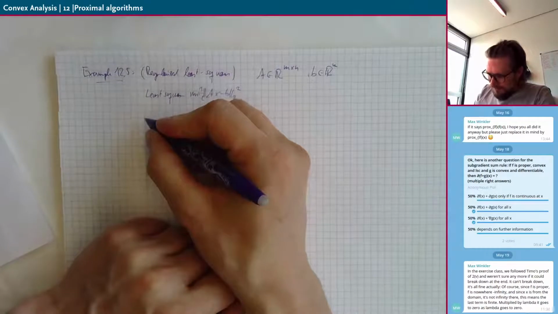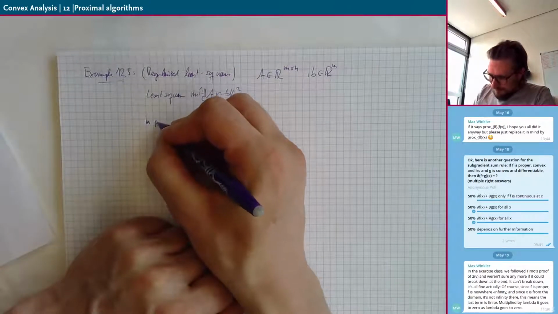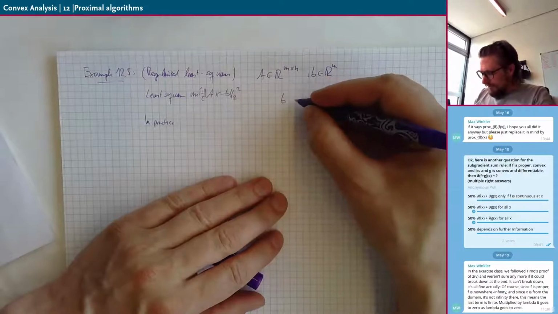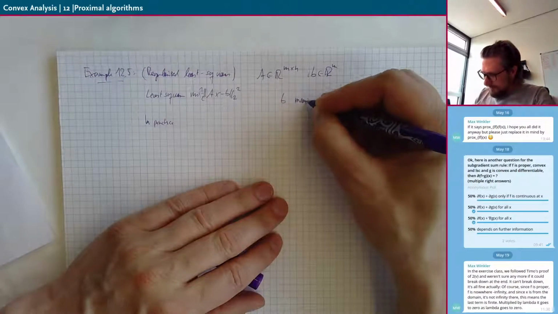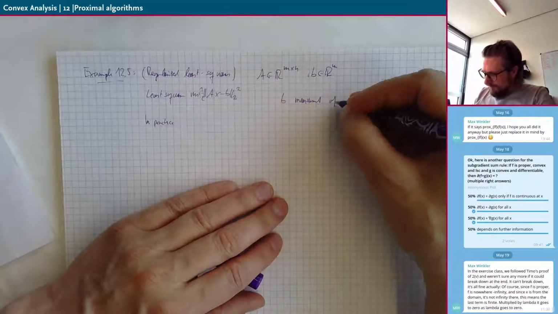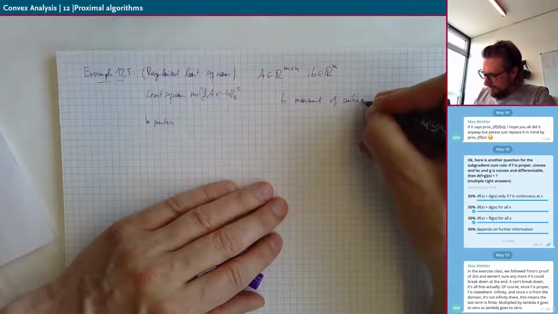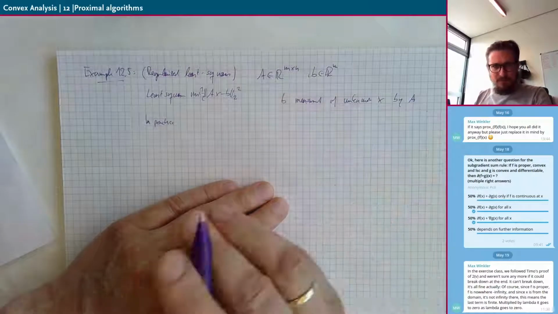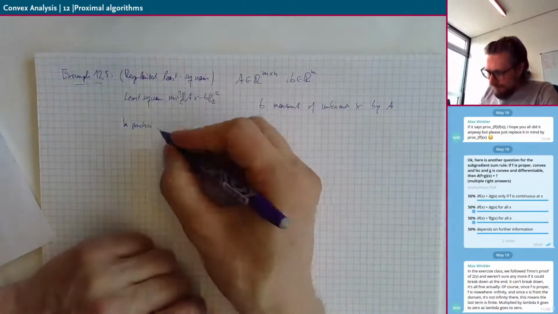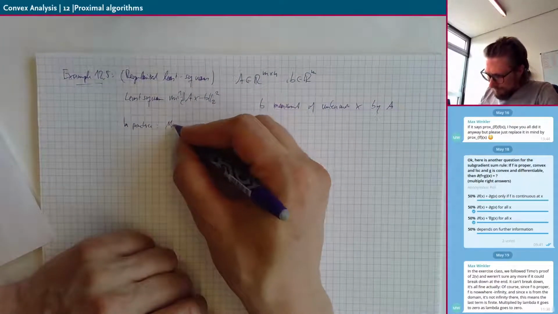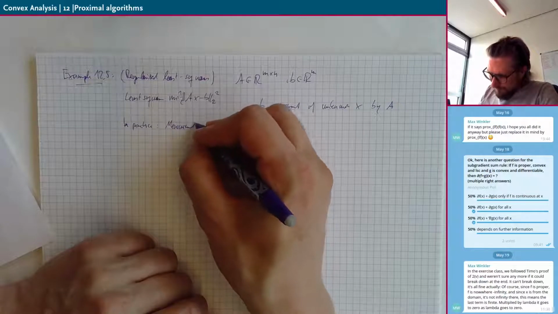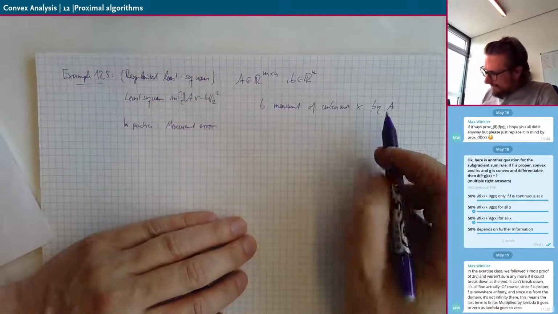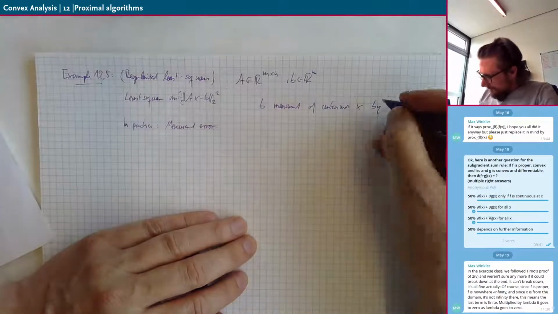So in practice, let's say b is a measurement of unknown x by A. So that's kind of the setup. But in practice, you have measurement error, which means what you get is not A x dagger of some unknown x dagger.